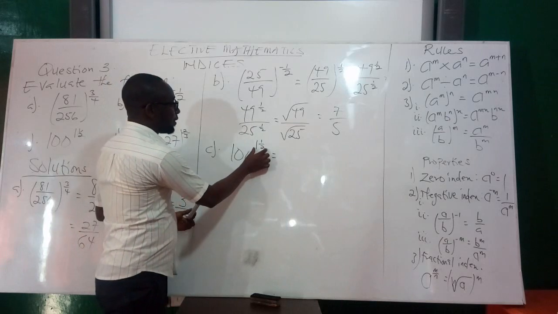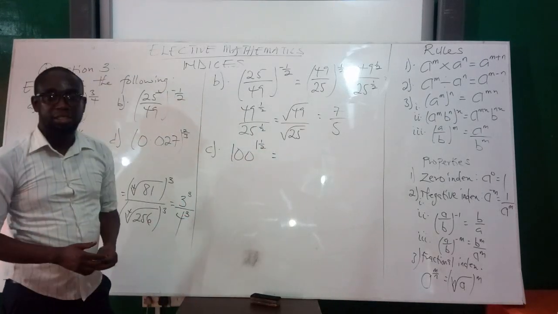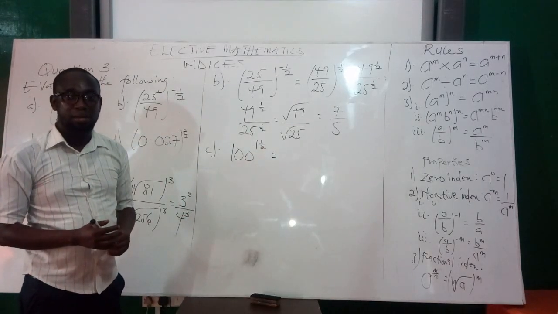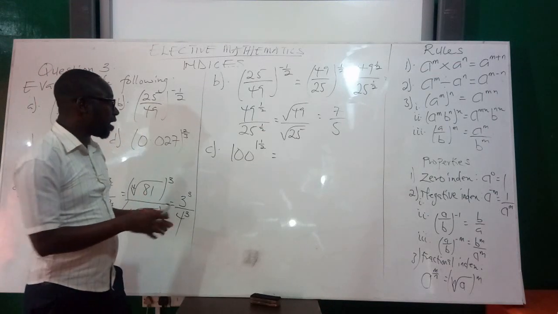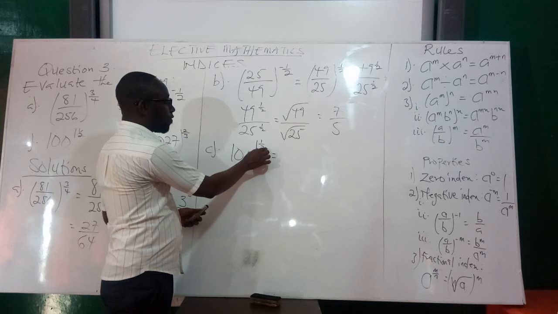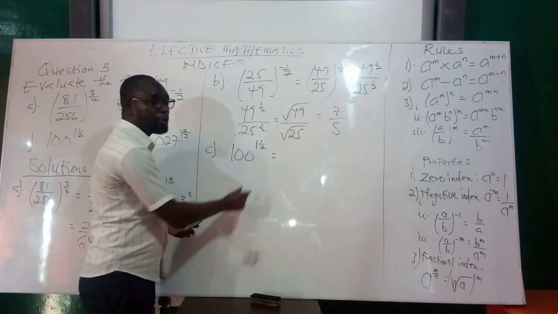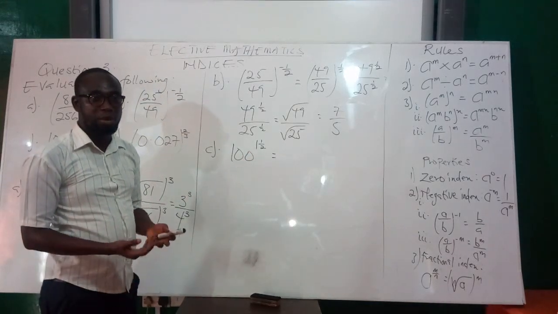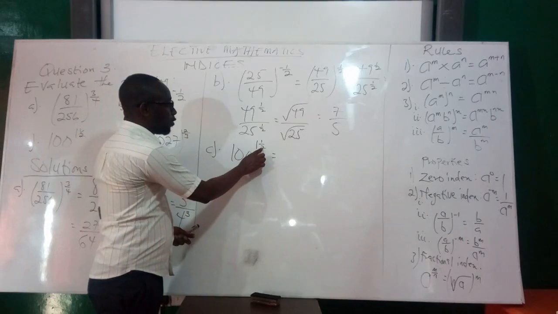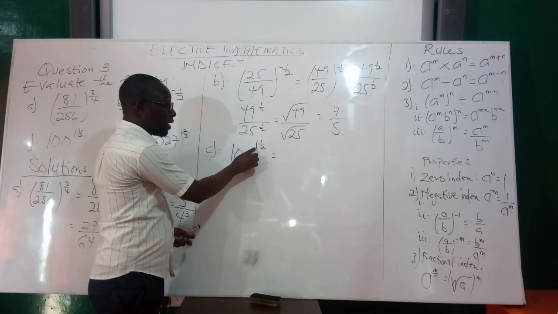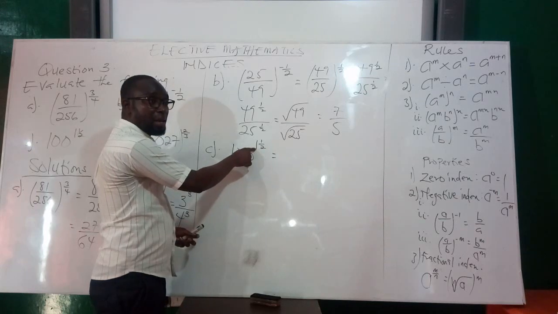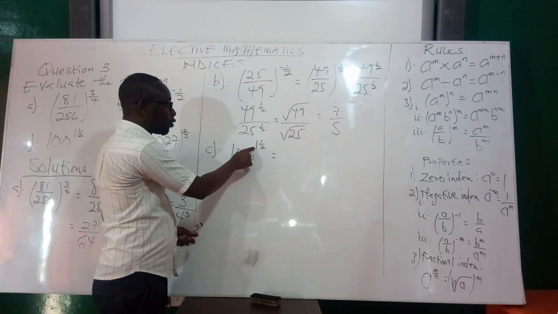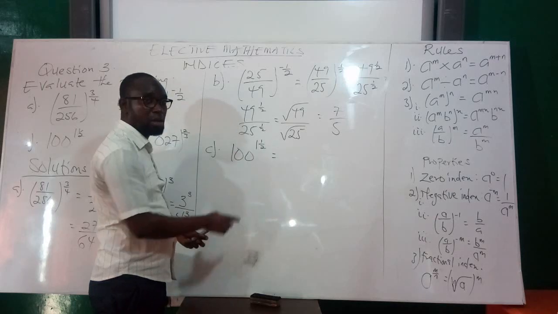Now the exponent here is a type of fraction which we call a mixed number. Normally we refer to it as a mixed fraction. So we need to convert this from a mixed number to an improper fraction. How do we convert? The denominator times the whole number. So the denominator here, 2, multiplying the whole number part 1, gives us 2, plus 1, then we get 3.